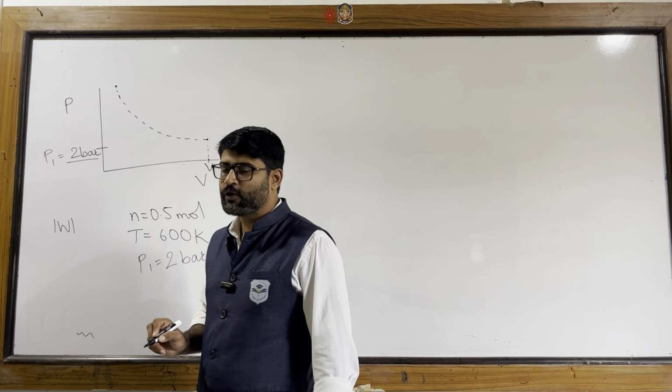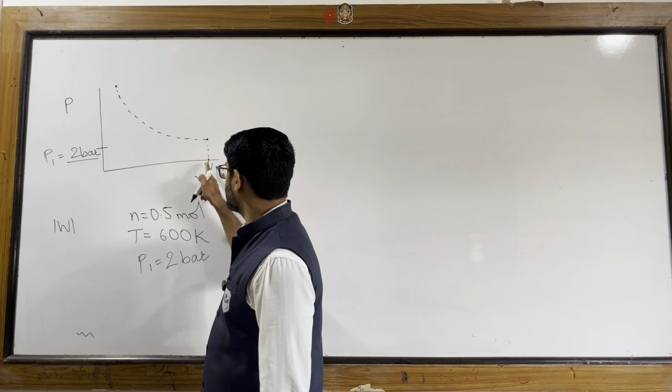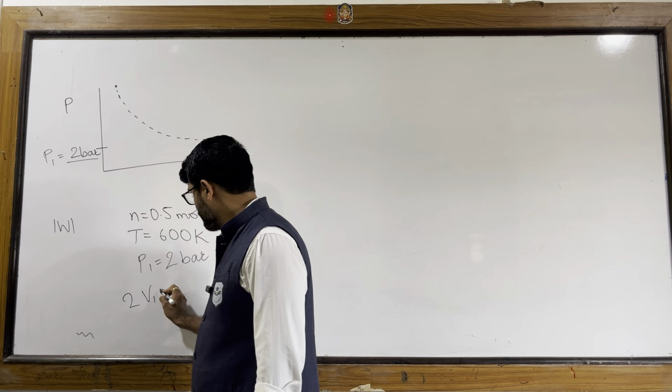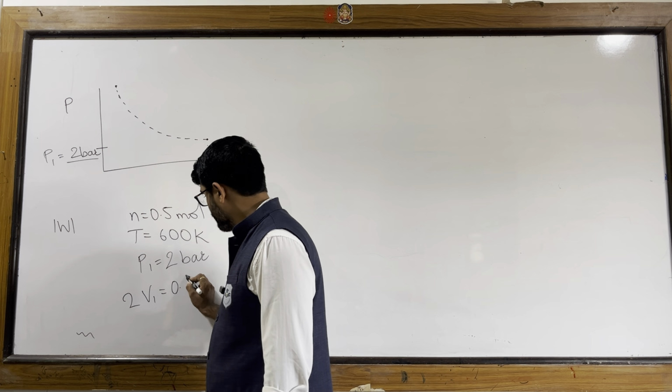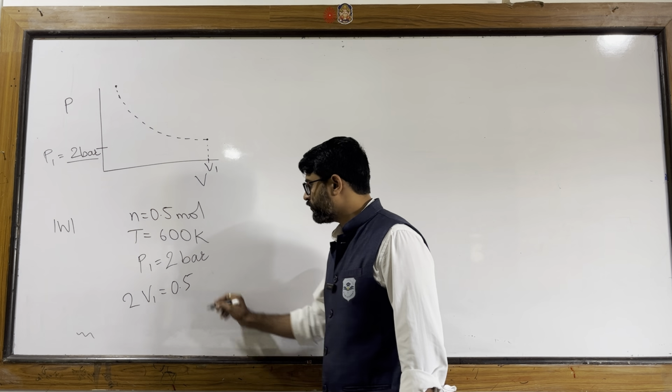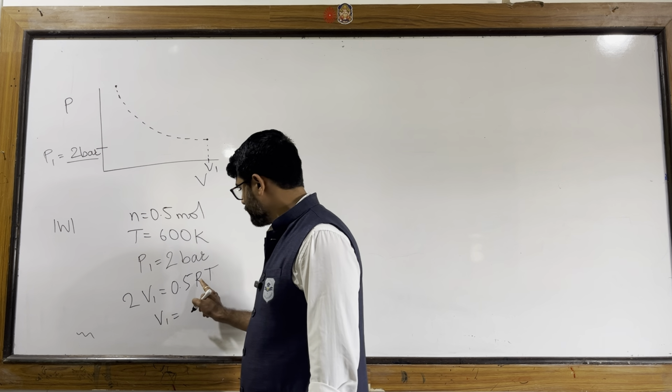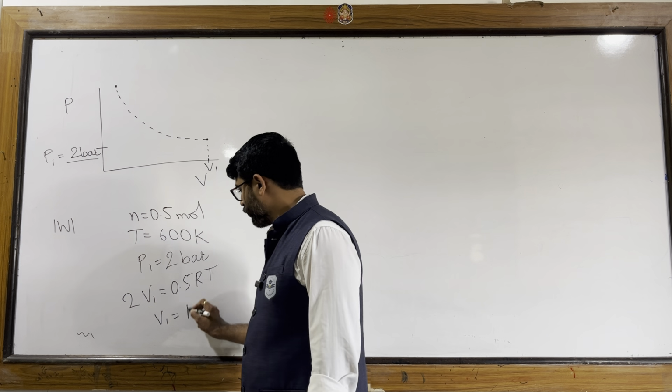Applying PV equal to nRT, P1 V1 is equal to the number of moles 0.5 times RT. So we get the initial volume as RT by 4.